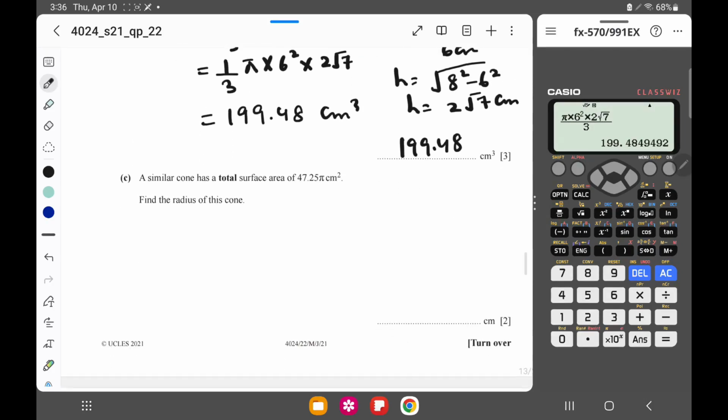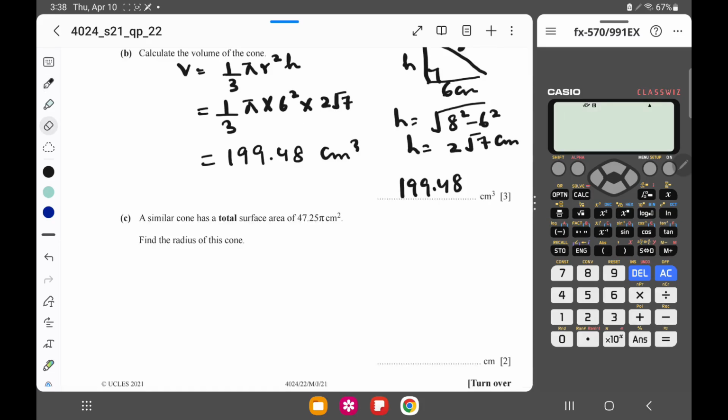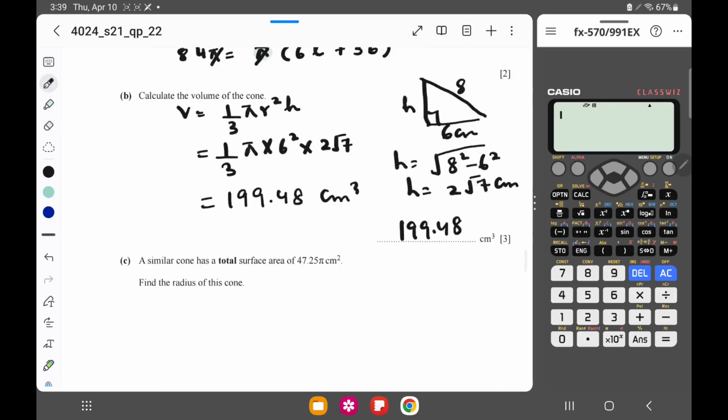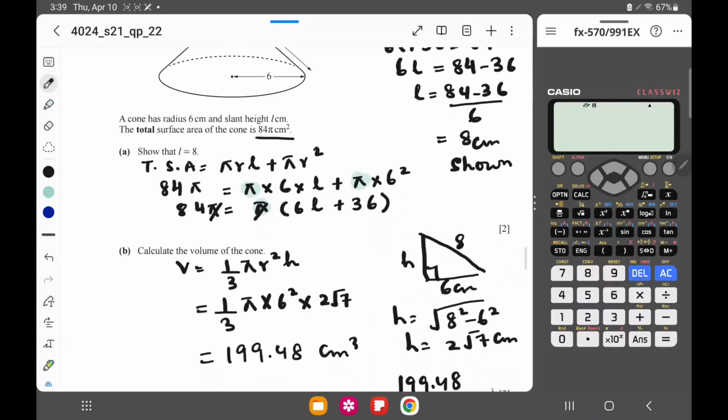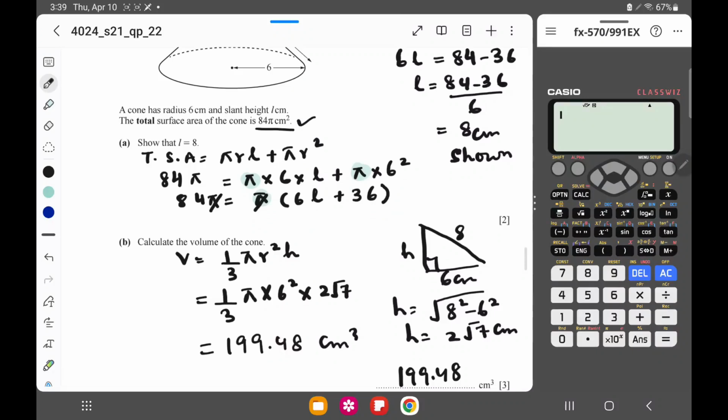Okay. A similar cone has a total surface area of 47.25 pi square centimeters. Find the radius of the cone. Okay, in this question, the total surface area is 47.25 pi square centimeter. So the first cone has the surface area that was given, it was 84 pi.